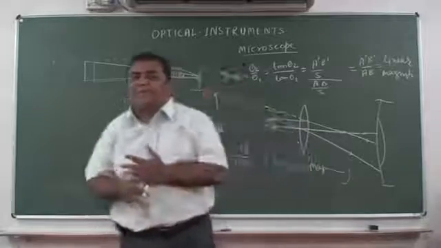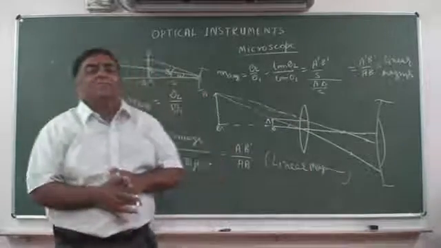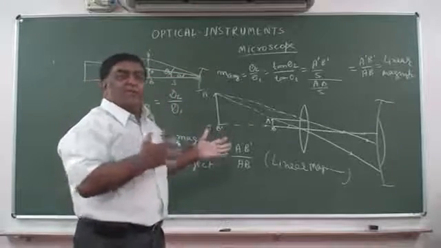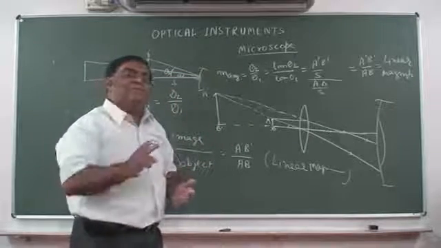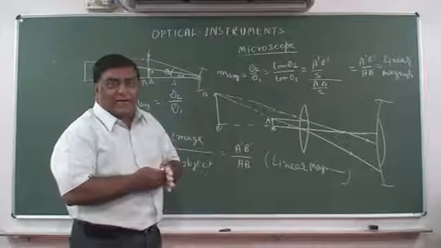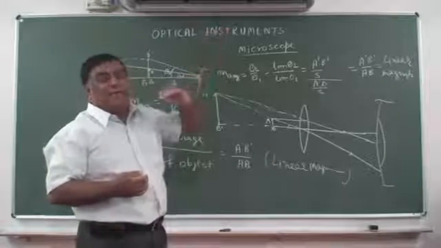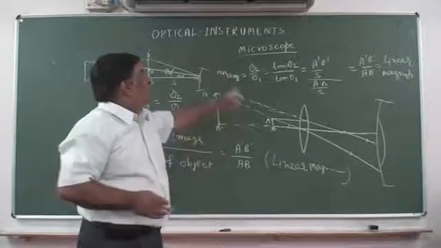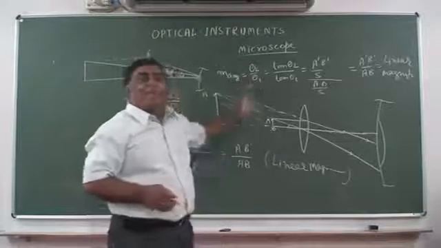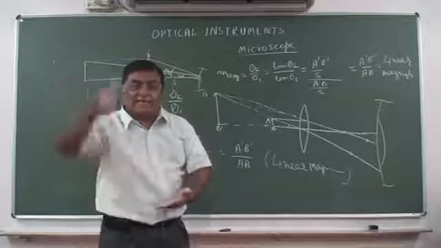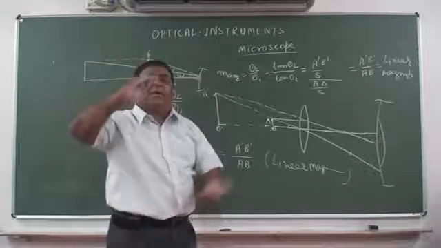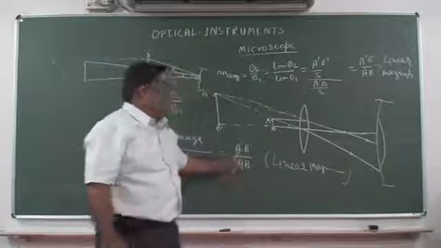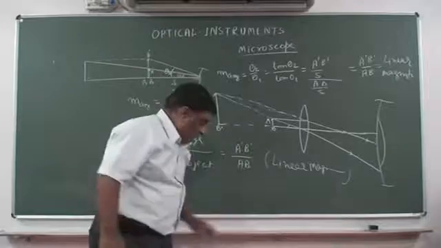What is the purpose of doing this? When we do our calculations in practice, sometimes it is convenient to have the data, angle made by the image divided by angle made by the object. If we know the size of object and the size of image, we use the linear magnification formula.